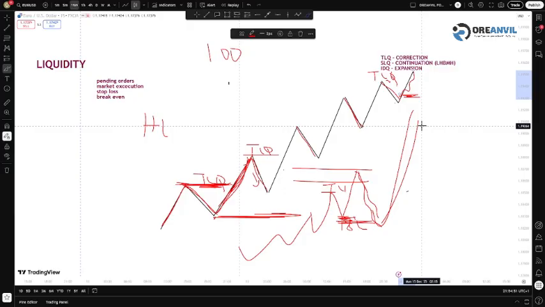So that's why the bigger the value, the bigger the transaction. If you have a higher time frame liquidity gap, definitely you are likely to have a big push in the market.